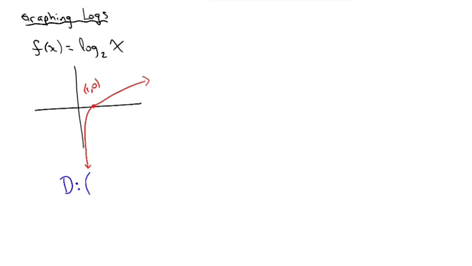So that would be parentheses 0. What's the largest x value you can obtain? Infinity. So the domain says you have to take the logs of positive numbers. It's the only thing that's going to work. So log of negative 2 doesn't exist, because negative 2 is over here and there is no graph over here. For me personally, the best way to remember the domain of a logarithm is to look at the graph.